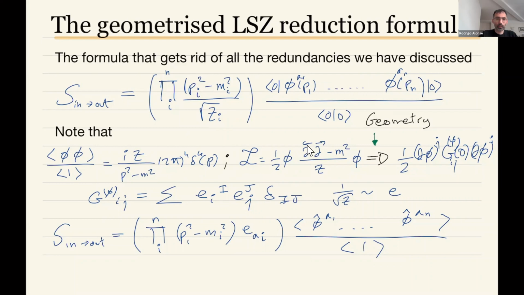To my knowledge, I haven't seen this anywhere else. So I think it's genuinely new, and knock on wood that is true. I don't know, maybe it's in some obscure Russian article in the 70s. But what we care about in this lecture is that geometrized version of the LSZ reduction formula.